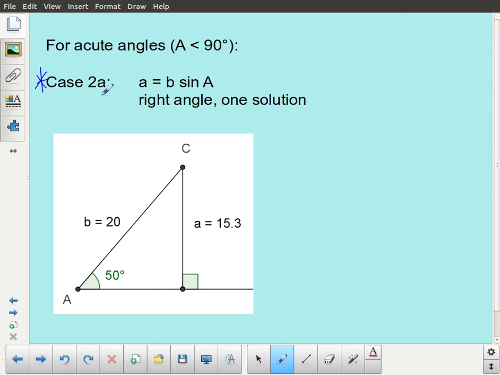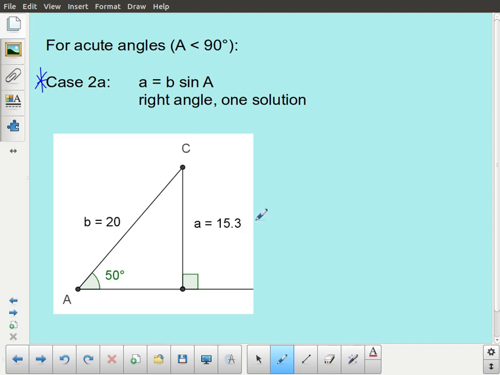One solution is the place where you want to start because it has a single answer. It is the easiest one to do the math because it is just right angle trigonometry. You find this answer, and then anything smaller than this answer means no solution. A little bit more complicated is that larger than this must mean two solutions, right?